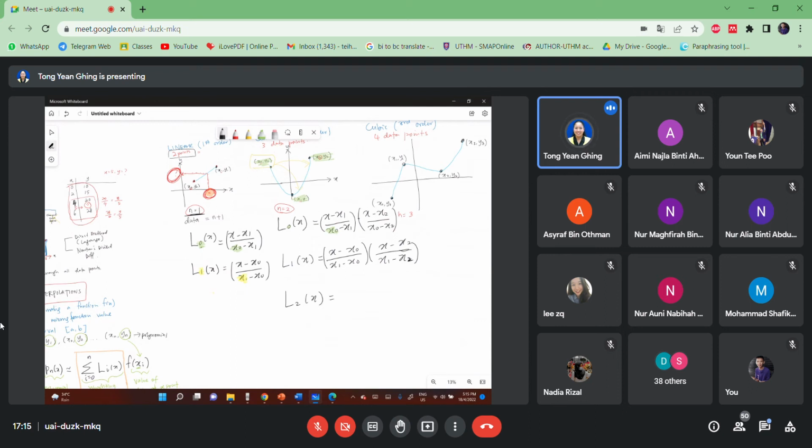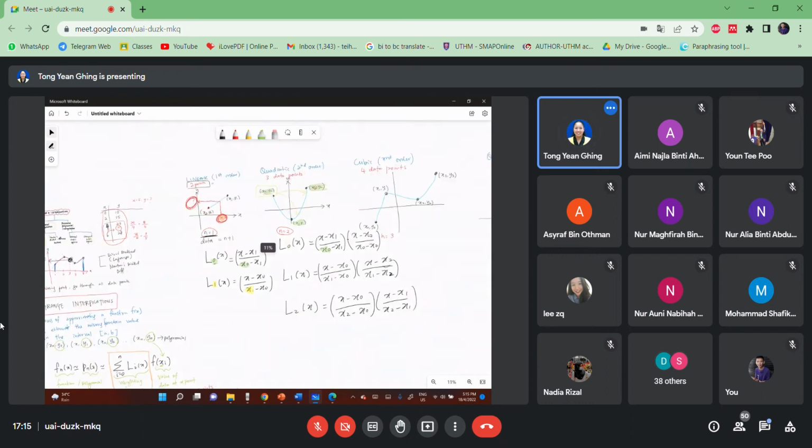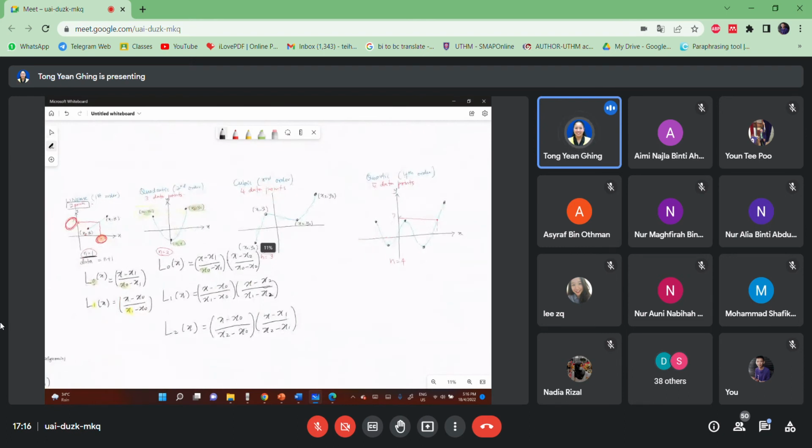To make it easier, you put the bottom first: x minus x0, and then x2 minus x1, here x minus x1. Like this. This is for a second order polynomial.